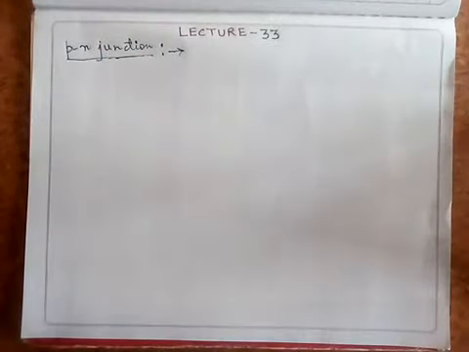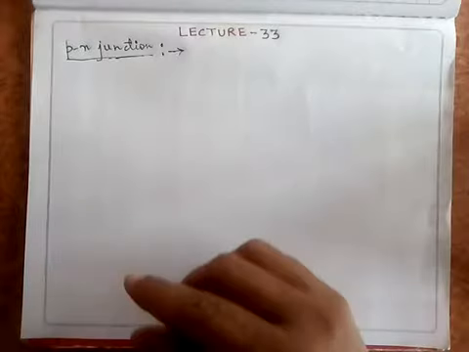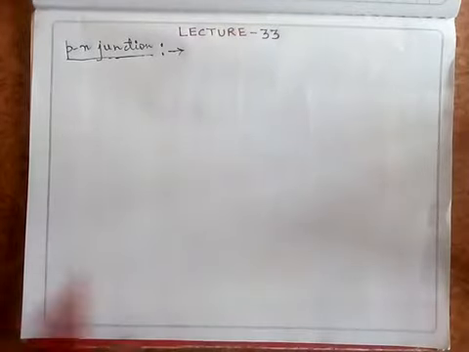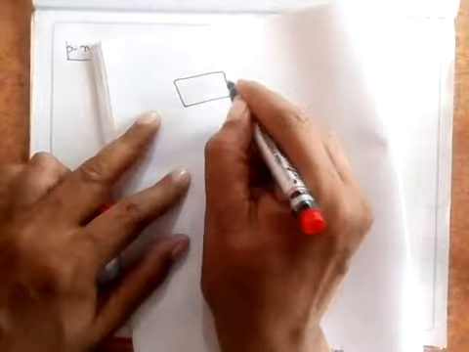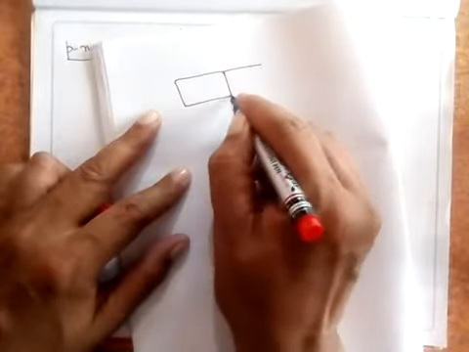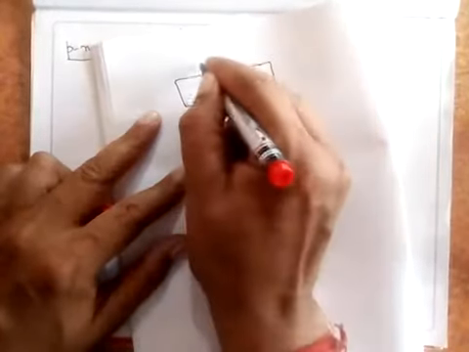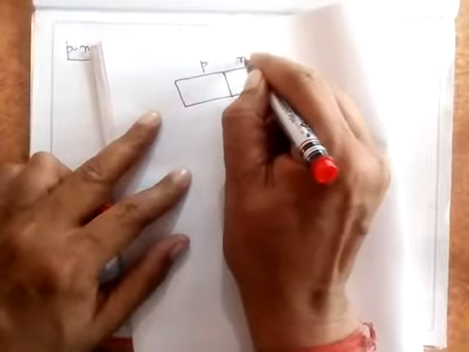Now a PN junction is simply formed by, just suppose you have this. I told you what a p-type material is and what an n-type material is. Say this is p-type and this is n-type material.